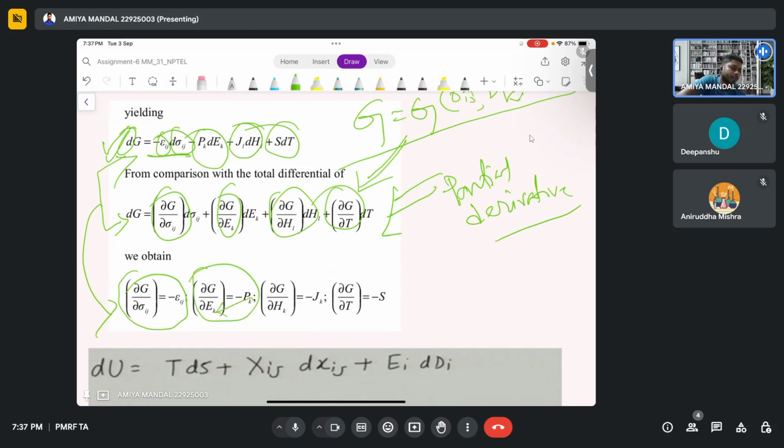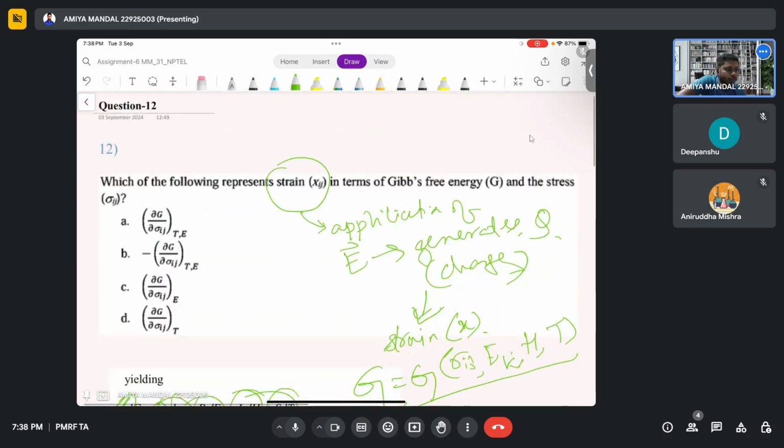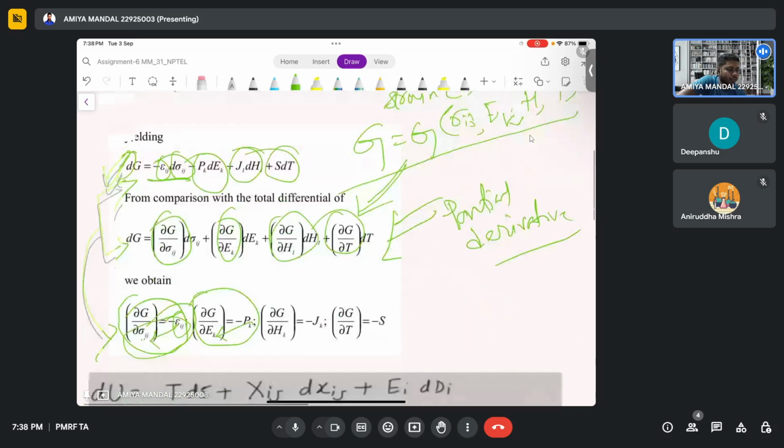P and D are related to sigma, but the negative of epsilon ij is nothing but del G del sigma j. It is negative, meaning negative of del G del sigma j is nothing but epsilon ij, that is the strain value.